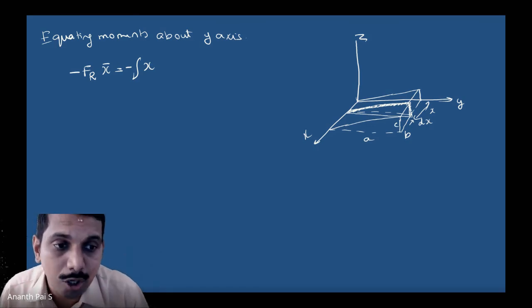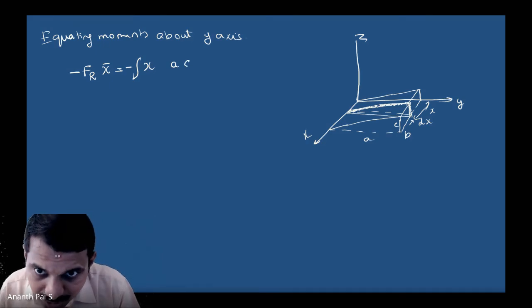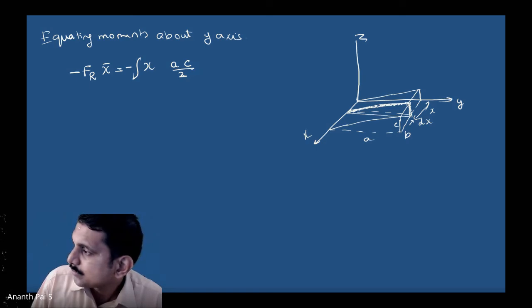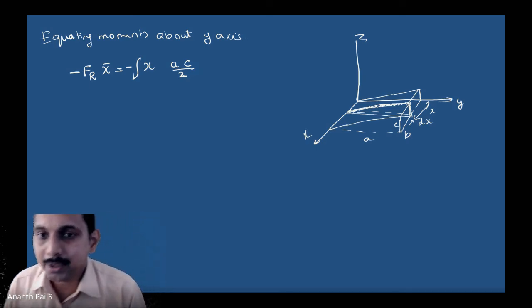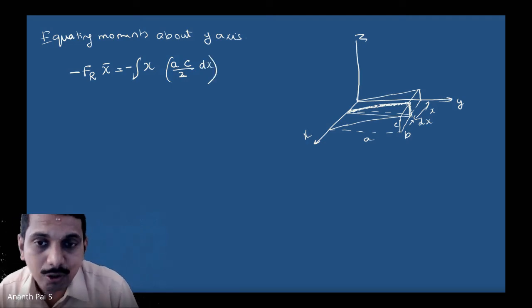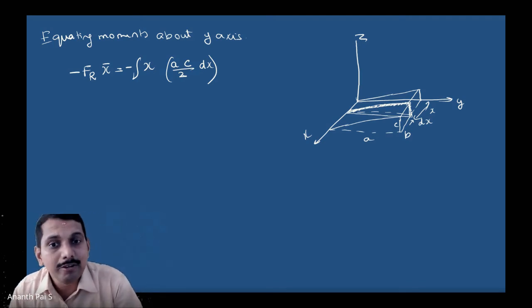What is the volume of this elemental thing? It is nothing but a into c by 2 into dx, correct? Then we have to multiply by rho g.